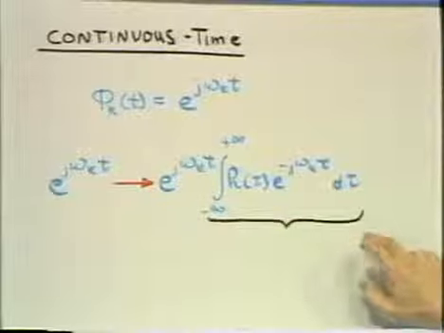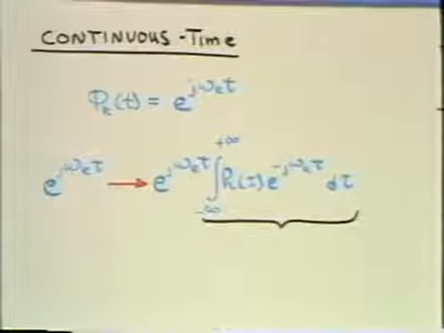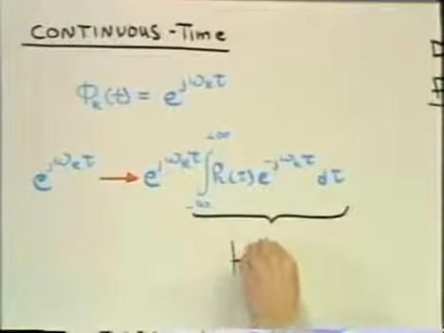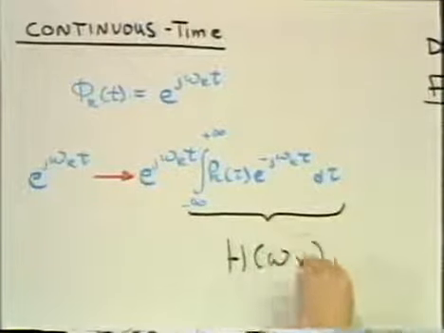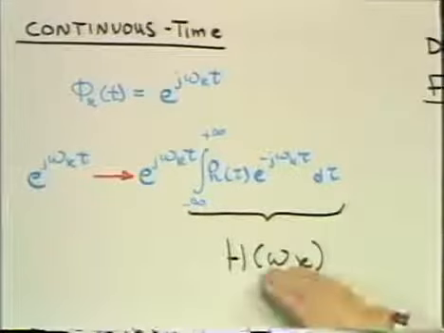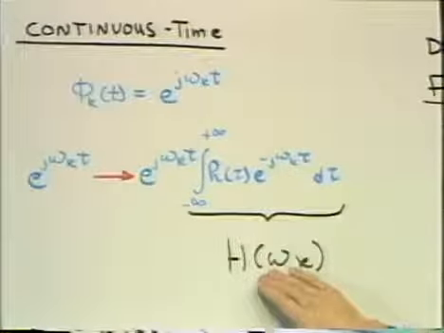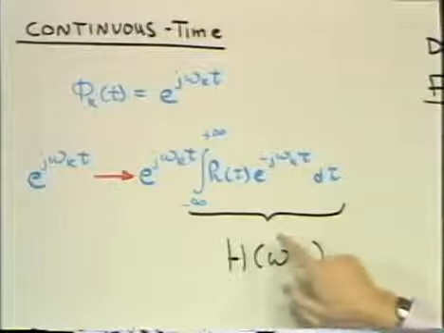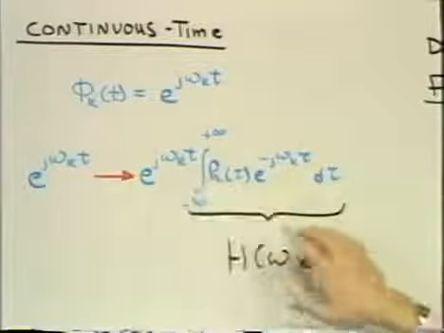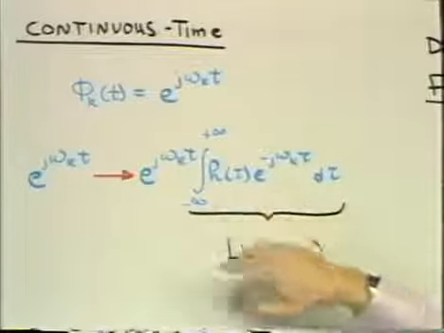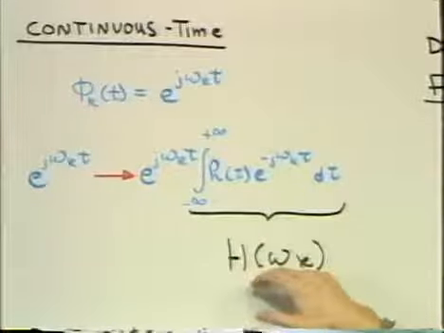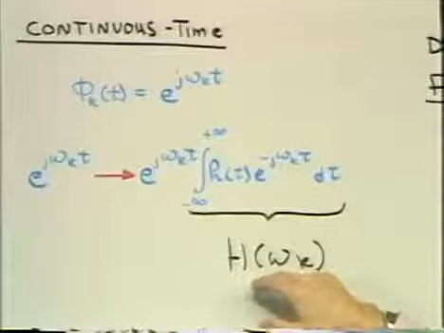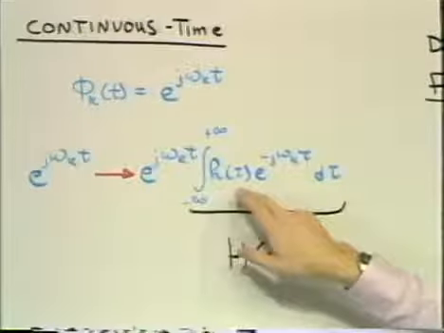And that change in complex amplitude is what we referred to as the frequency response of the system. And also, as it developed later, that frequency response, as you should now recognize from this expression, is in fact the continuous time Fourier transform of the system impulse response.